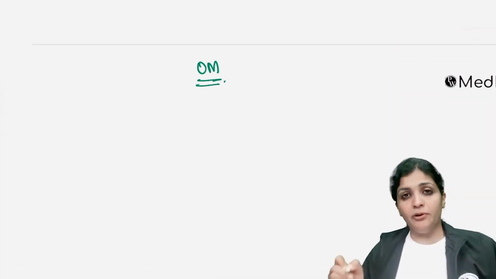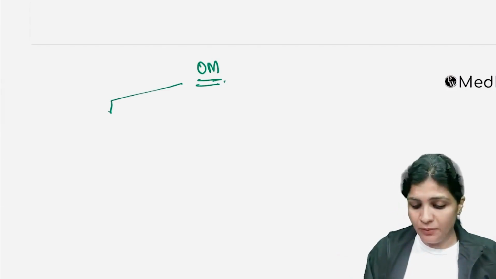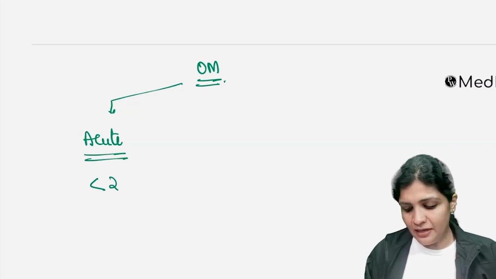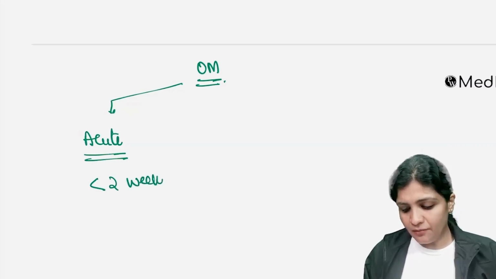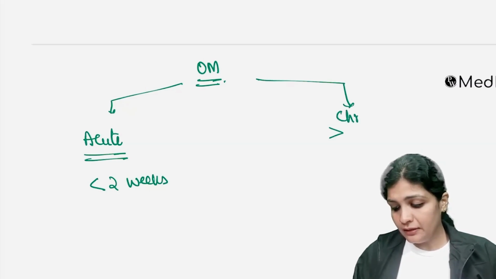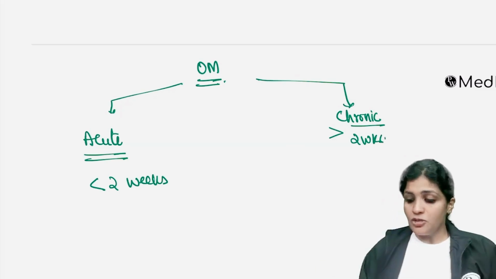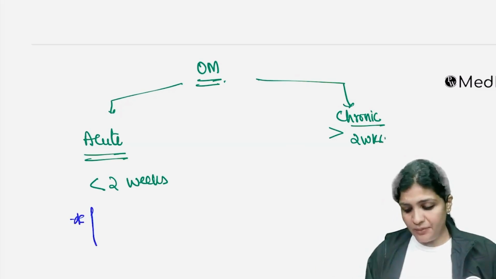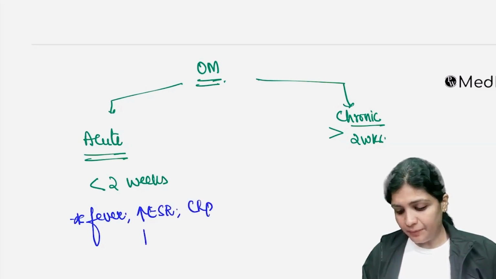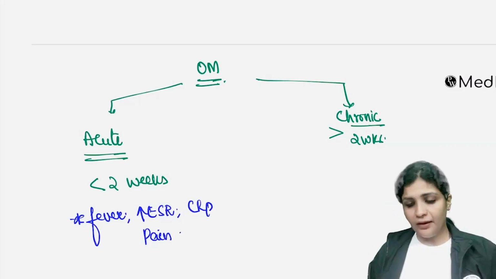So whenever we talk about osteomyelitis, this could be acute, that means a condition which is less than 2 weeks, or this could be chronic, which is more than 2 weeks, right? In acute, the patient usually presents with fever, raised ESR, CRP, pain, right?